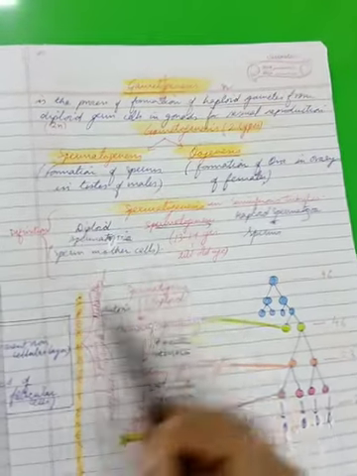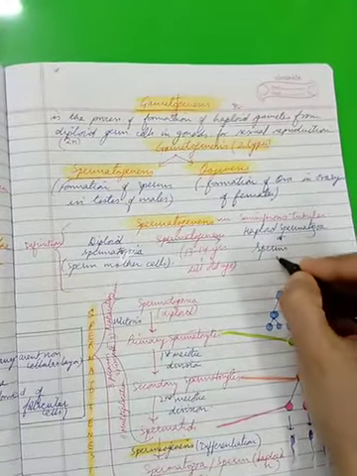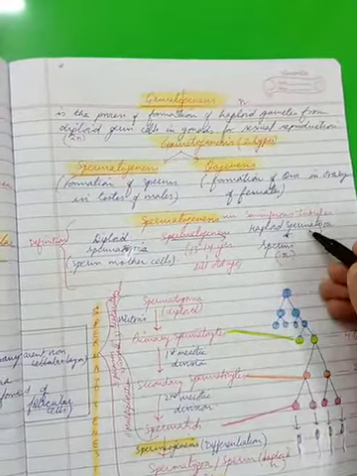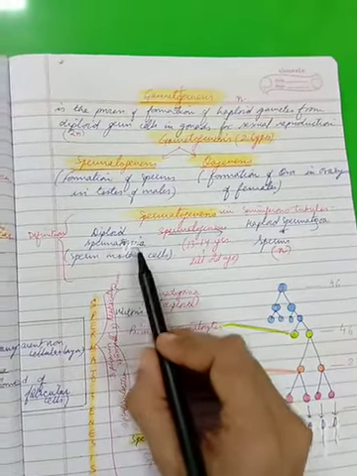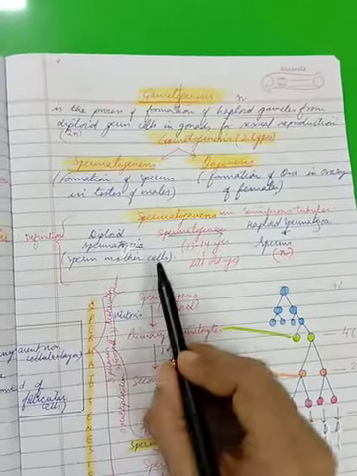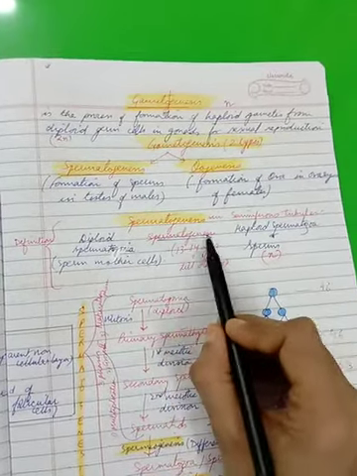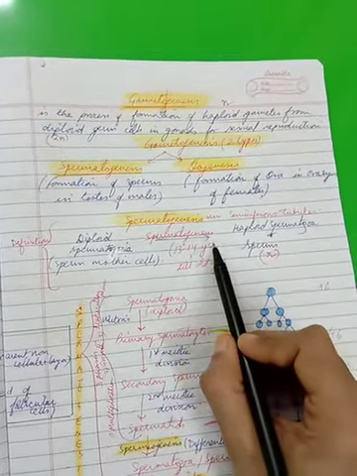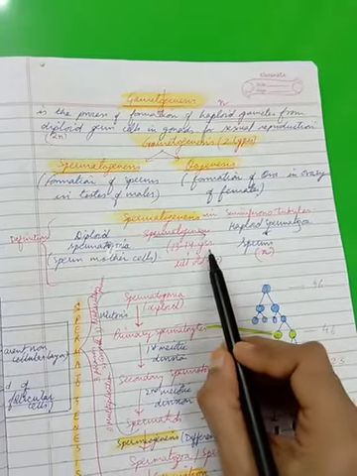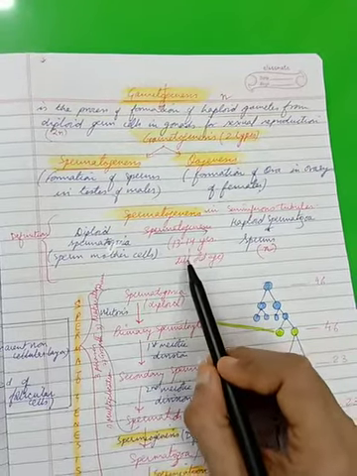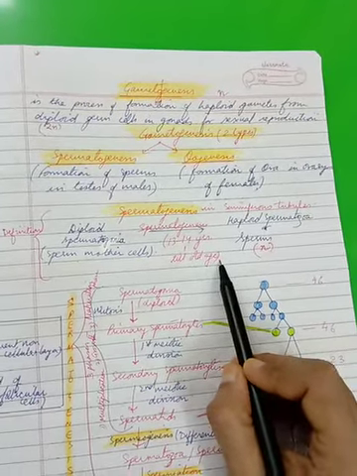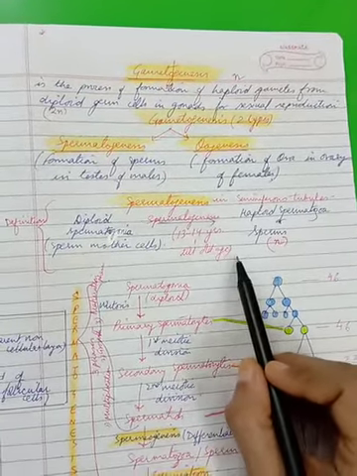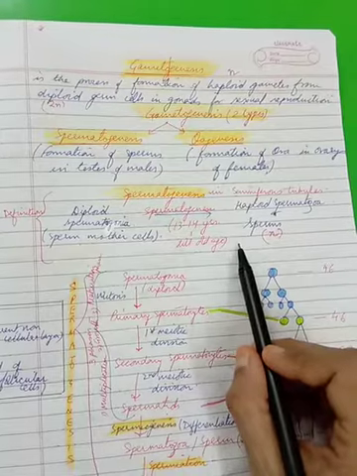For example, the formation of haploid spermatozoa or the sperms from the diploid spermatogonia or the sperm mother cells, this process is called spermatogenesis. It usually starts in the body of a male at around 13 to 14 years and continues throughout life. But in old age, this process declines.